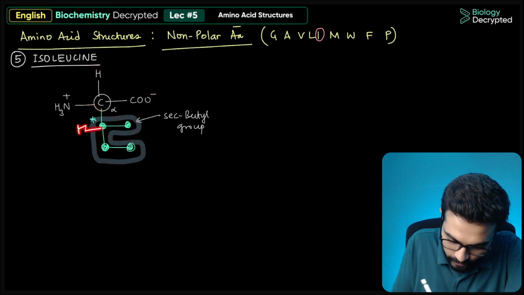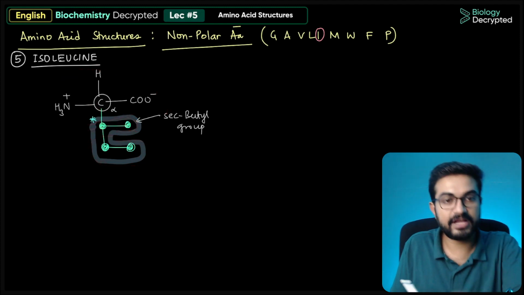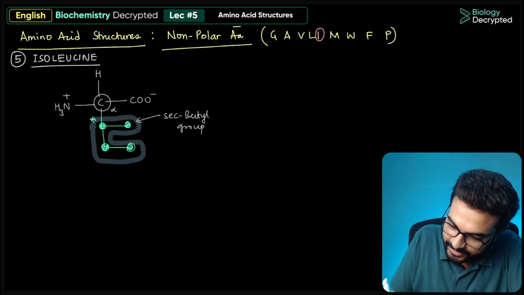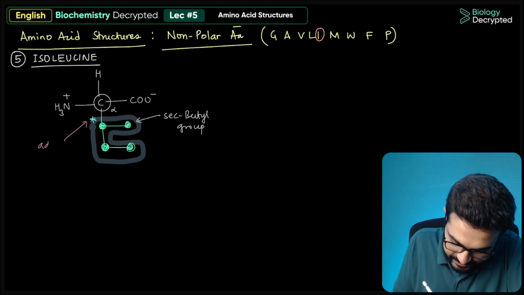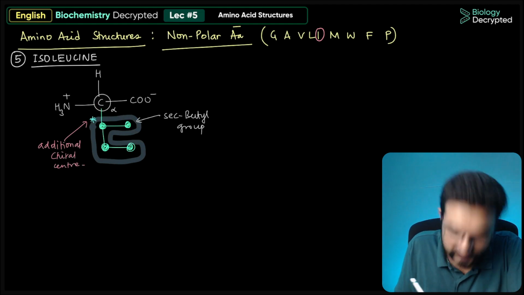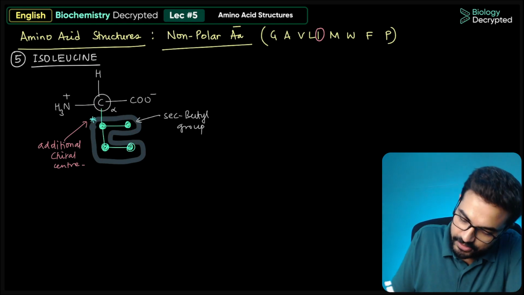So there are 4 different groups, and therefore there is an additional chiral center. Let me write it for you. This is the presence of an additional chiral center. Very important.